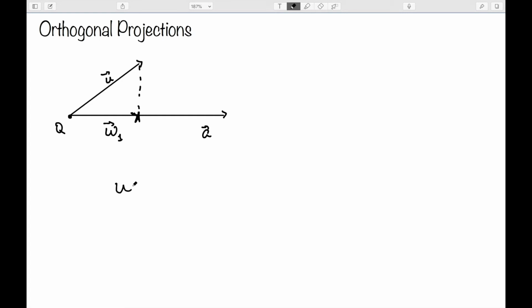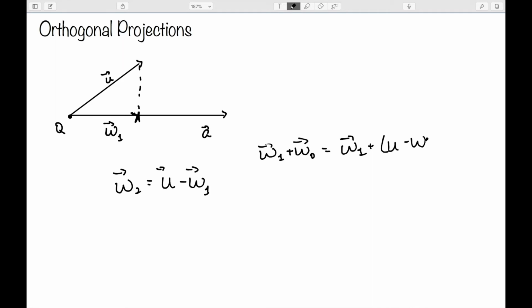And then I'm going to construct a vector W2, which is U minus W1, so that both of these add up to be U. And so the idea is that W1 plus W2 is going to be equal to W1 plus U minus W1, which just simplifies to U. So I have now decomposed U into a sum of two vectors.